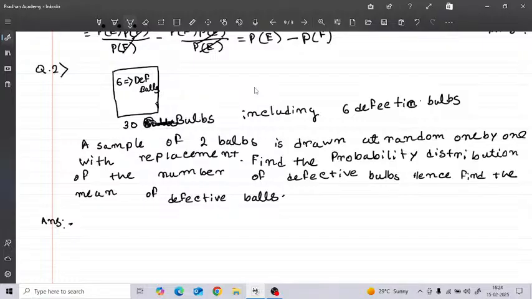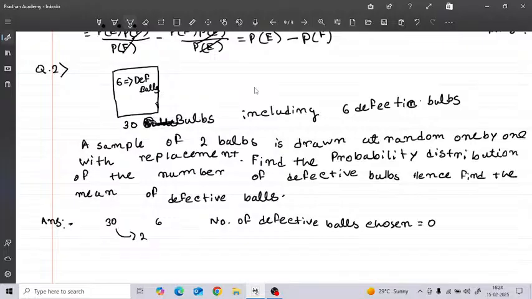So here, from 30 bulbs, if 6 are defective and we have chosen only 2, the number of defective bulbs chosen can be 0, that is no bulbs are defective, 1 bulb defective, or both 2 bulbs are defective.